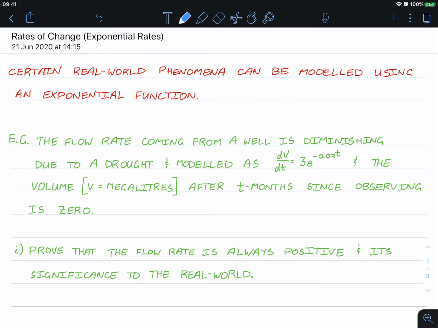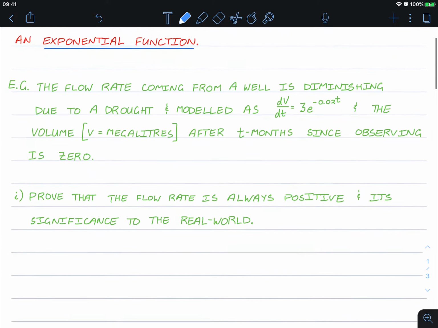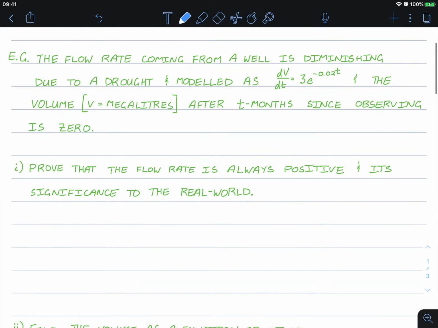In this video we'll be looking at how certain real-world phenomena can be modeled using an exponential function. So here we go. We've been given that the flow rate coming from a well is diminishing due to a drought and modeled as dV/dt equals 3e to the power of negative 0.02t, and the volume is V megaliters after t months since observing is 0.